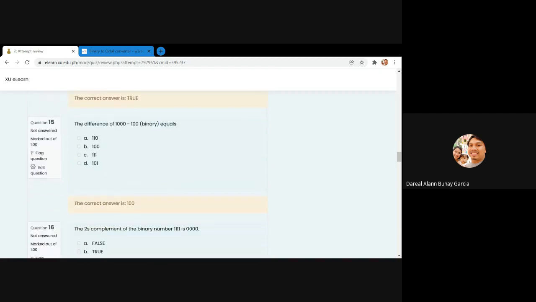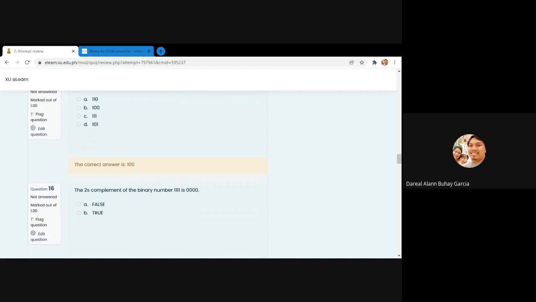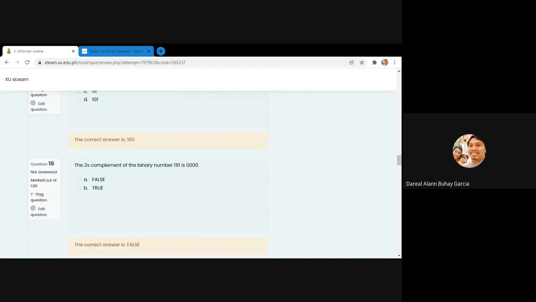The two's complement of the binary number 1111 is 0000. True or false? For two's complement, inverse, then add 1. So, false. The inverse is 0000, plus 1, so 0001.